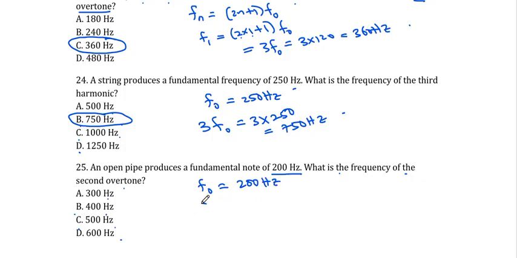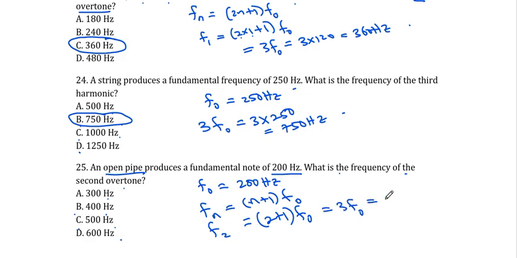The frequency of overtone of an open pipe is n plus 1 times the fundamental frequency. So the second overtone, f2, is 2 plus 1 times the fundamental frequency, which is 3 times 200, and that would be 600 Hertz.